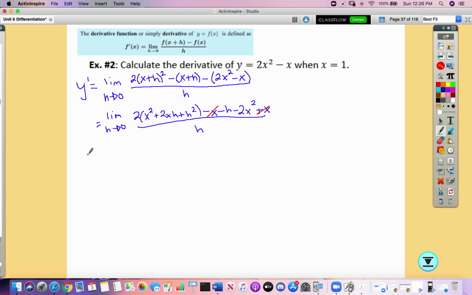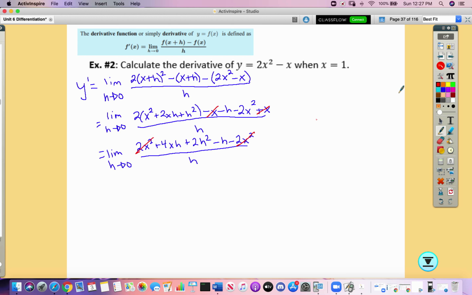All right, we're simplifying. Then we've got the limit as h approaches 0 of, let's do the distributive property here. I've got 2x squared plus 4xh plus 2h squared minus h minus 2x squared, all divided by h. Well, we've got some reducing that we can do here. 2x squared minus 2x squared makes a 0.